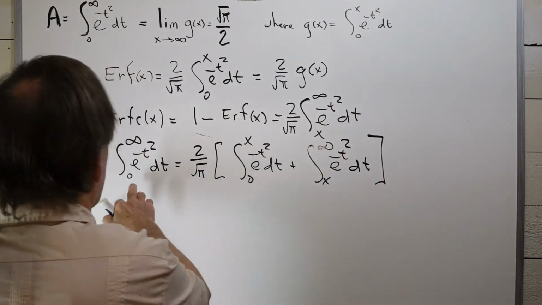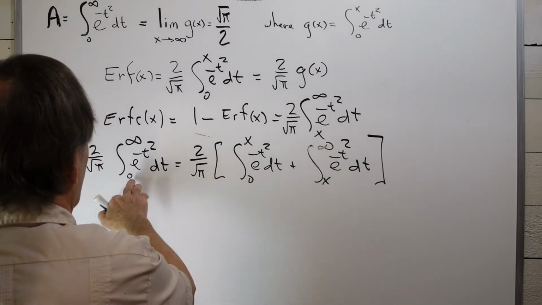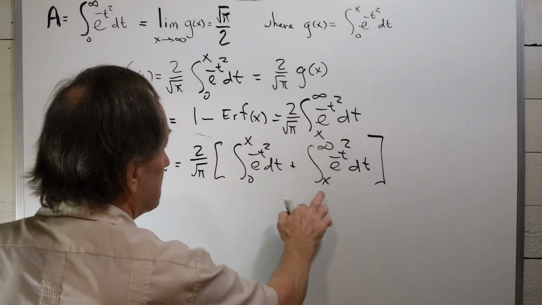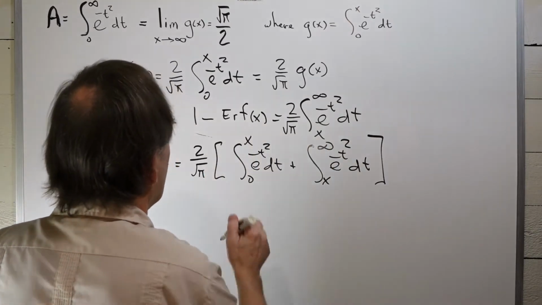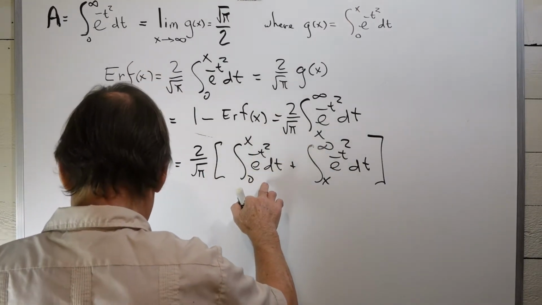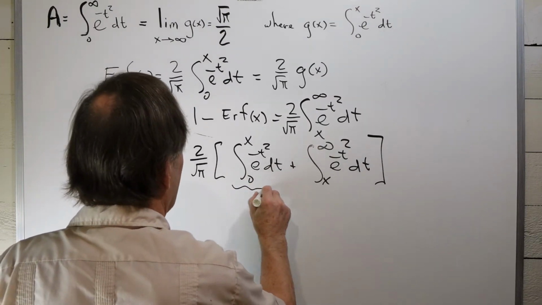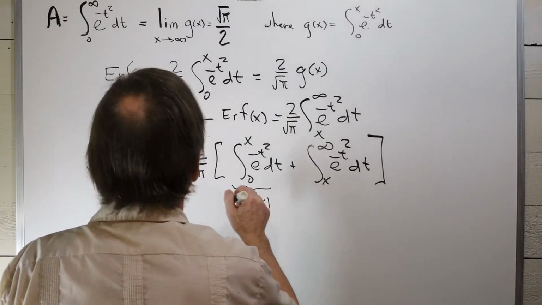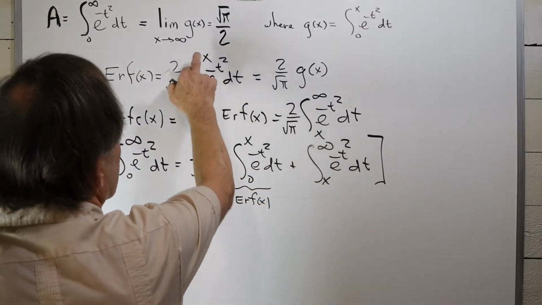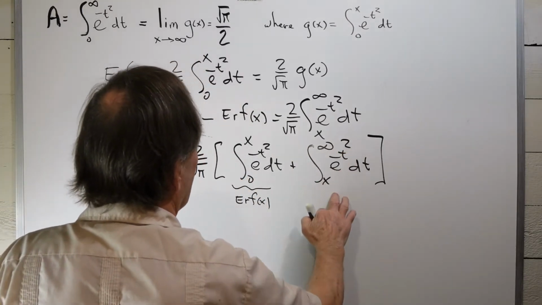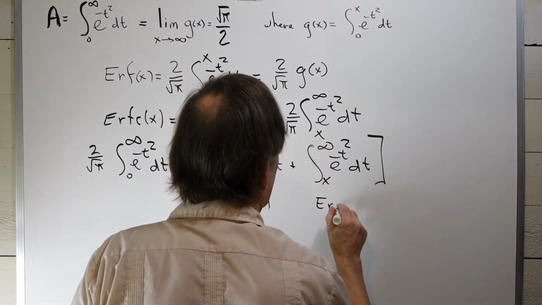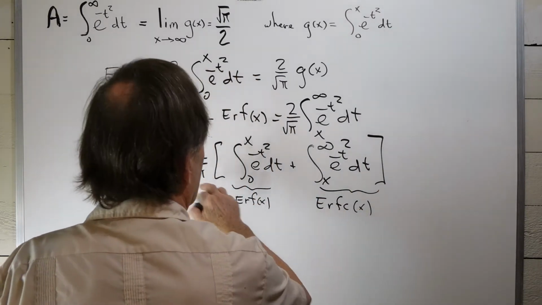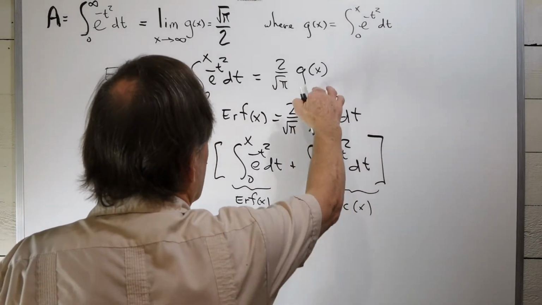So what I did is I broke the integral up from 0 to infinity into two integrals, 0 to x and then from x to infinity. Well, this, we see, is nothing more than the error function. The error function goes from 0 to x, and this is the complementary error function. It goes from x to infinity.